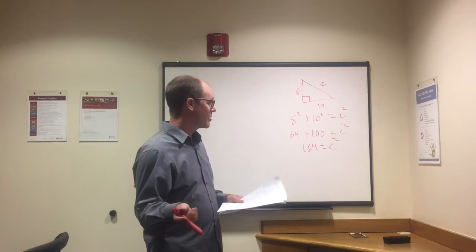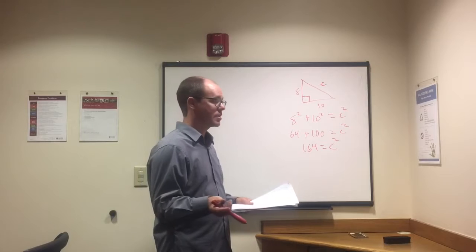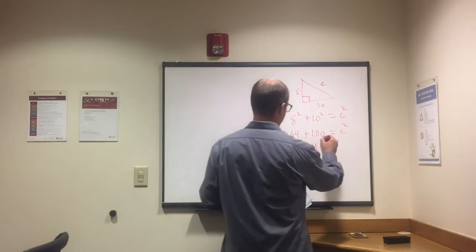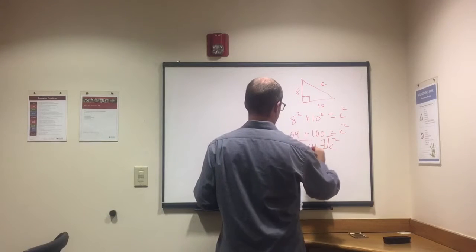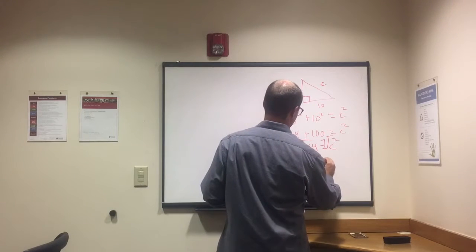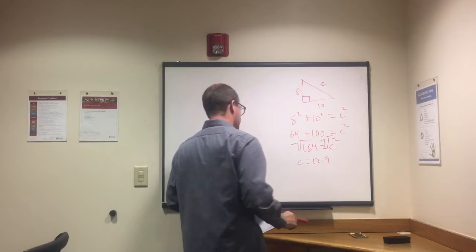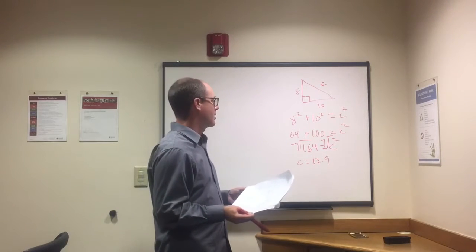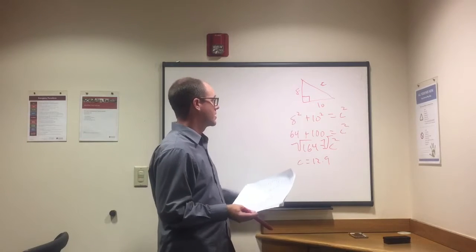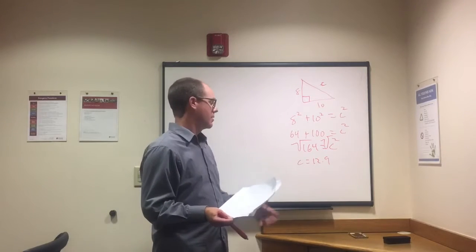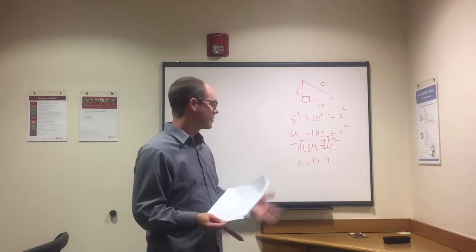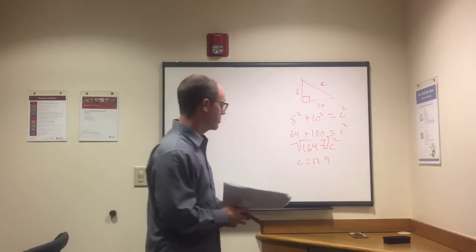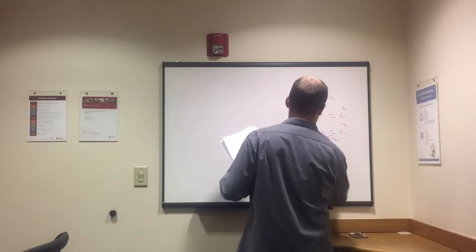Because if 13 squared is 169, 12 squared is 144, and we square root both sides, c is going to be like 12.9, right? And a lot of times the question will say the c is most nearly 12, 13, 14. In this case, the answer is 13. They may give you 12.9, also correct. Okay, one more.